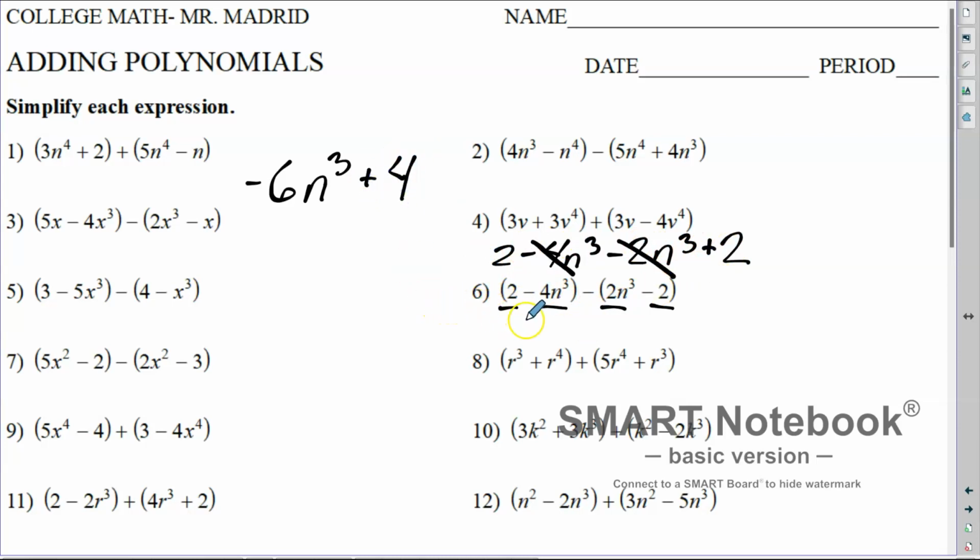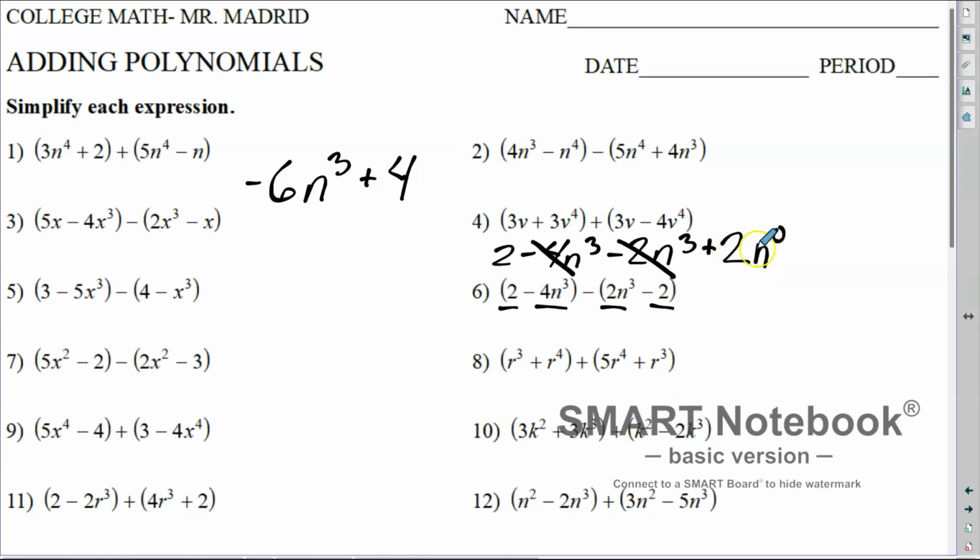For some of you that are a little more advanced, which is really all of you, as you work through these you're going to get more comfortable with more information. Technically, even a constant has a variable. The exponent is not 1 because it didn't have an n, but it's 0. Why? Because anything to the 0 power is 1, and 2 times 1 is still 2.